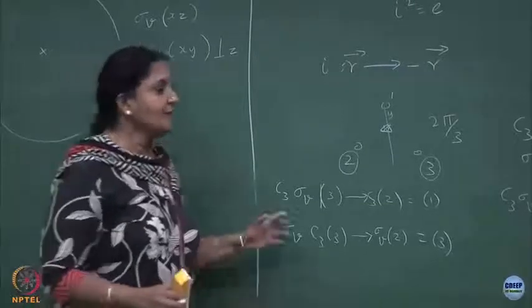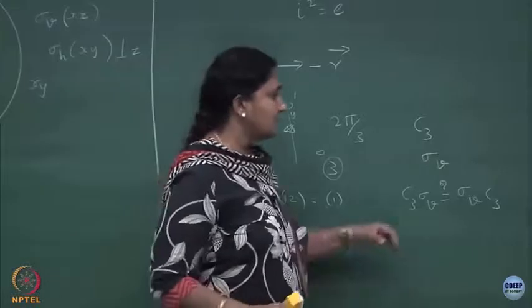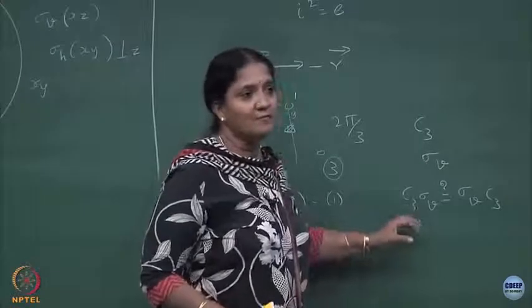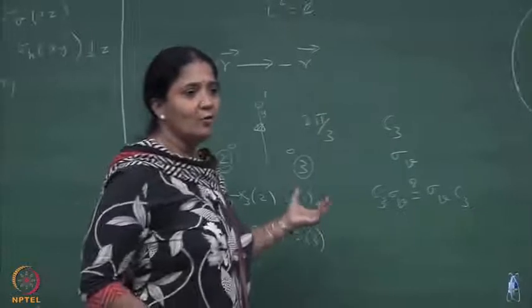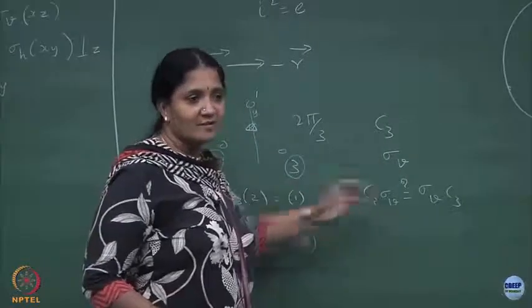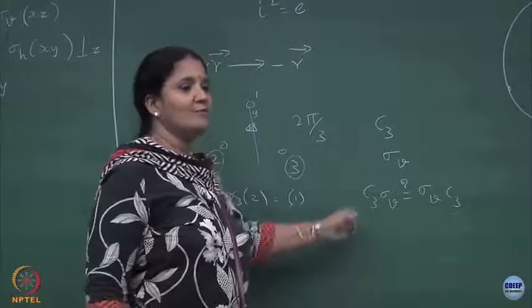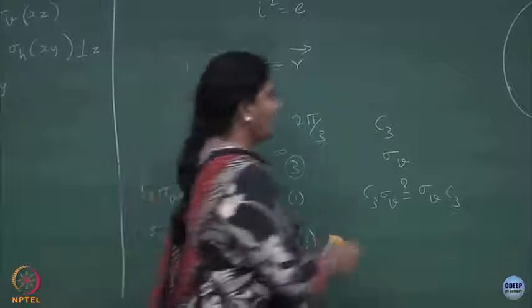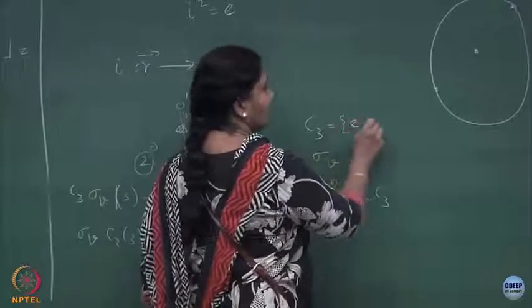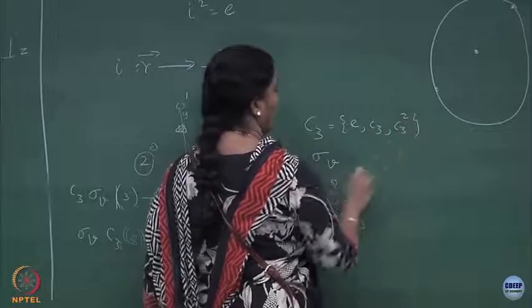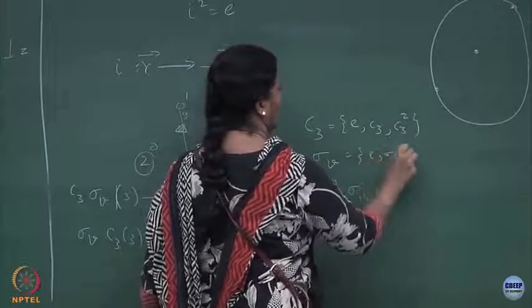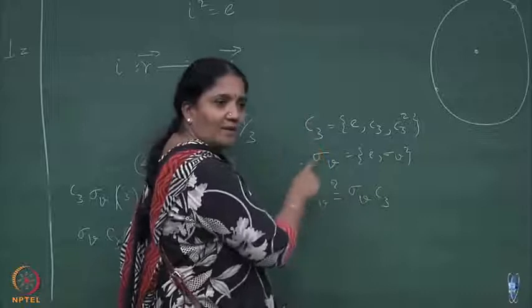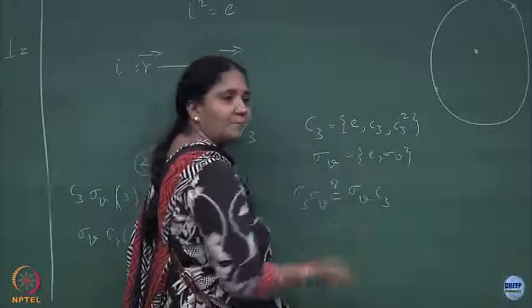So, you can figure it out this way, that this group is a non-abelian group, unlike this which is abelian, and once it is non-abelian, you know it cannot be written as a direct product of C3 and sigma v. Then you can see whether there is an invariant subgroup, and what will be the order of this group. The order of this group, these are generators, right. So, order of the group you can just multiply, because we have to multiply every element by every other element.